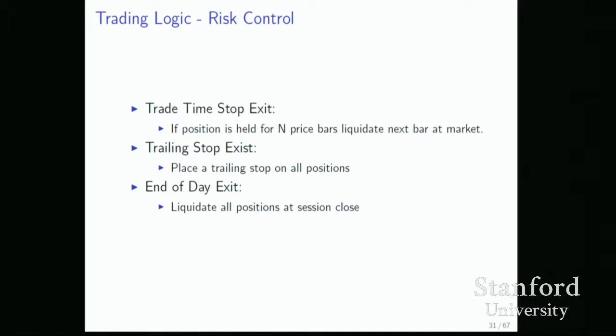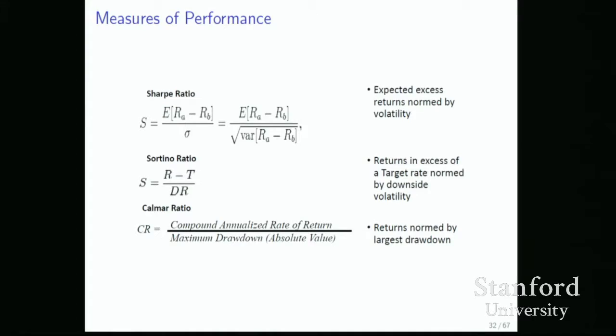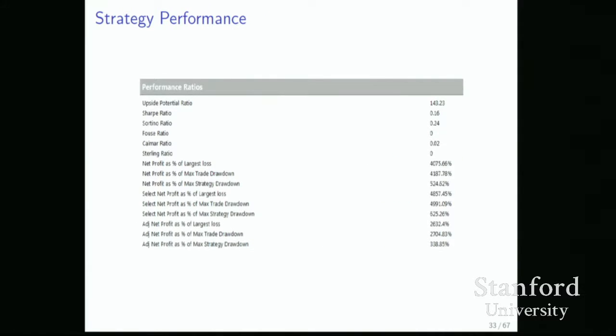Trailing stop means that if there is a huge loss, suddenly you see you want to come out of it. Okay. And then end of day exit, I think most of the trading we have is that we start in the morning and close it at the end of the day. So that's how we work out. Okay. So if you look at this, these are the ratios we have used, and I've defined them before, and these are the actual values that you get.